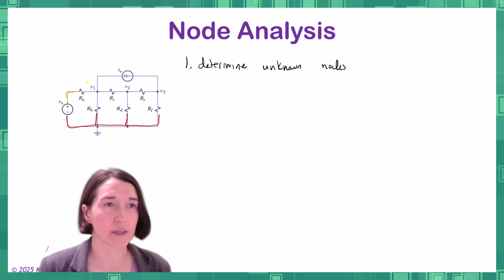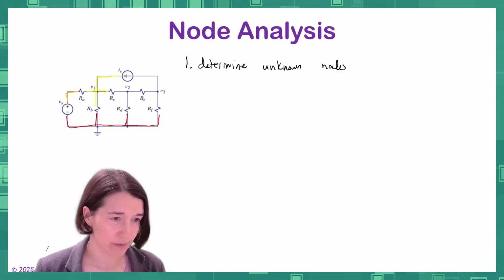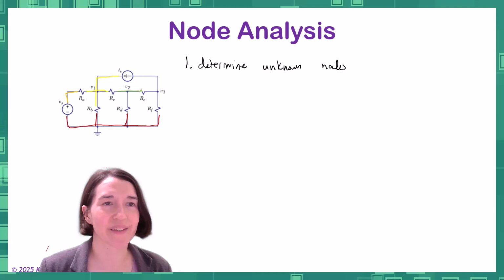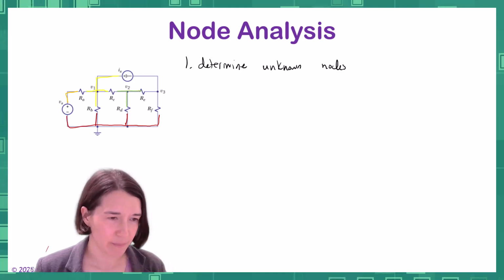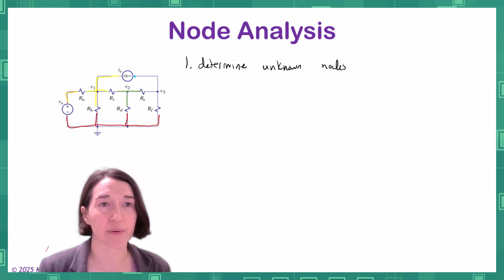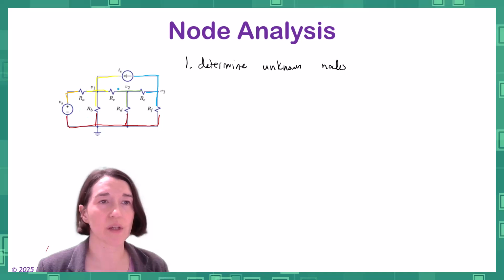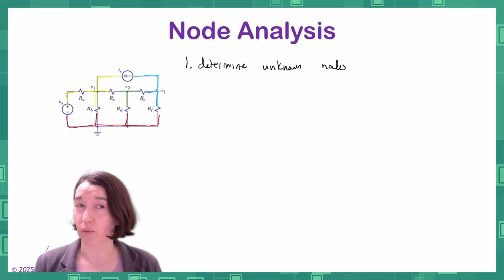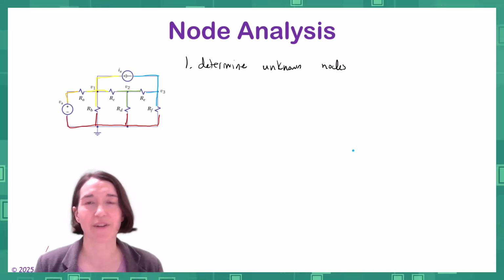One node, yellow, is here. Green, one node is here. Lighter blue here. Okay, so technically we have 1, 2, 3, 4, 5 different nodes here. So we would start out with, I guess, 5.